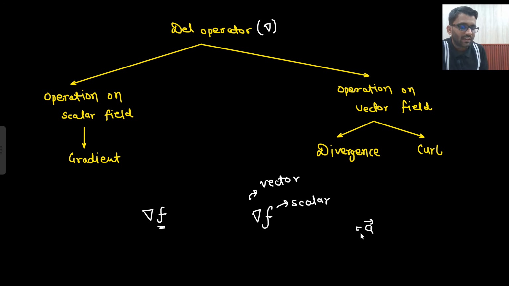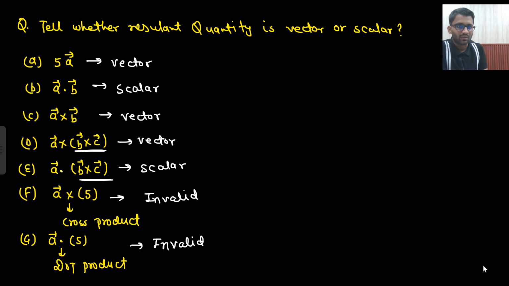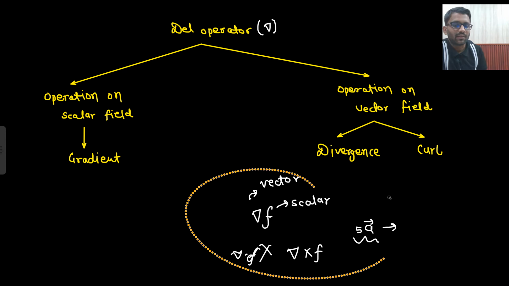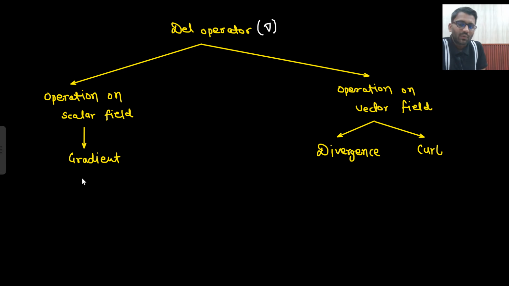So basically this 5 can come here. So what will this be? A vector quantity. Here we saw, this is a vector quantity. So del f, I am not saying del dot f, neither am I saying del cross f, no, del multiplication f. So this is known as gradient. If you are performing the operation on a scalar field, that is known as gradient.